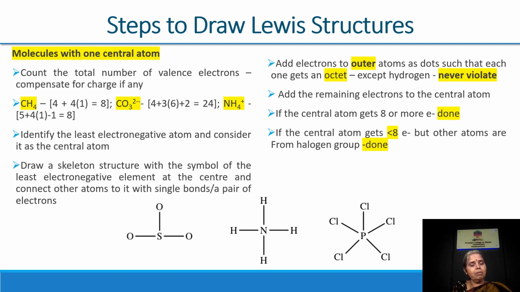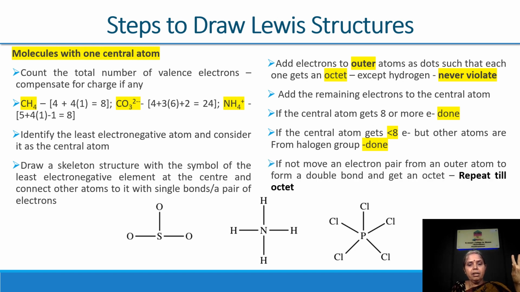If the central atom gets less than 8 electrons, but the other atoms are halogens, then also you are done. Then if not, move an electron pair from an outer atom to form a double bond. Supposing everybody got 8 electrons, or hydrogens are there, they got 2 electrons, but the central atom is not getting 8 electrons. Outer atoms are not halogens.